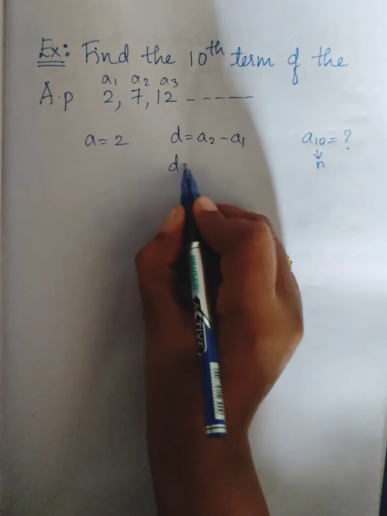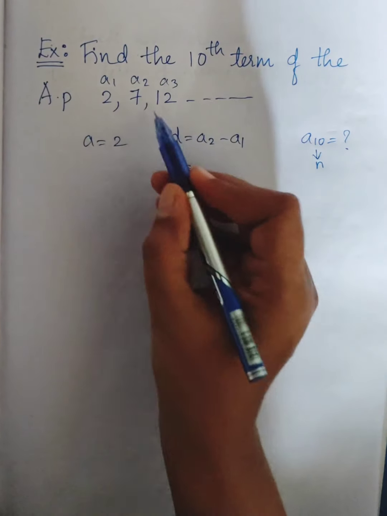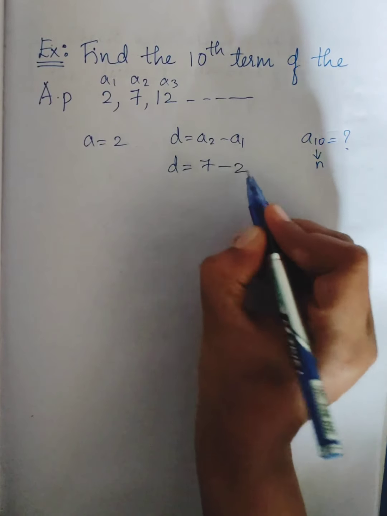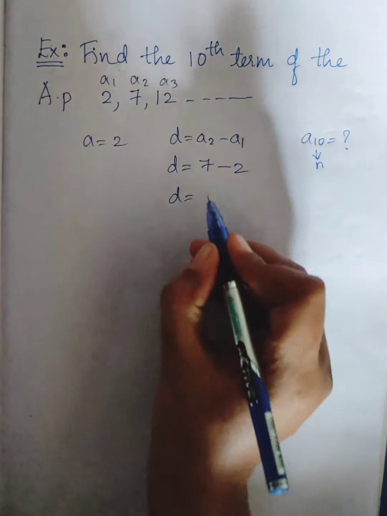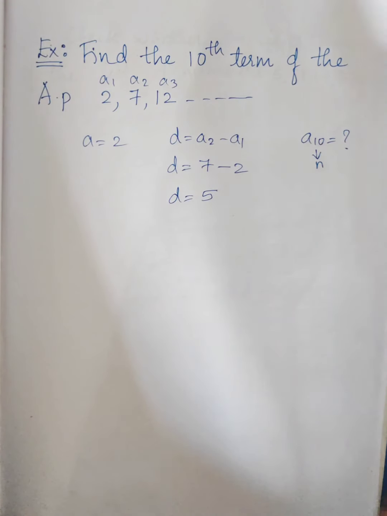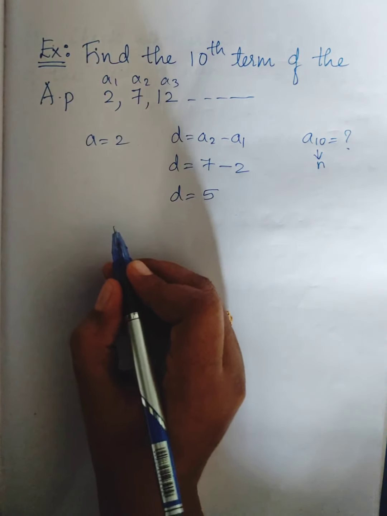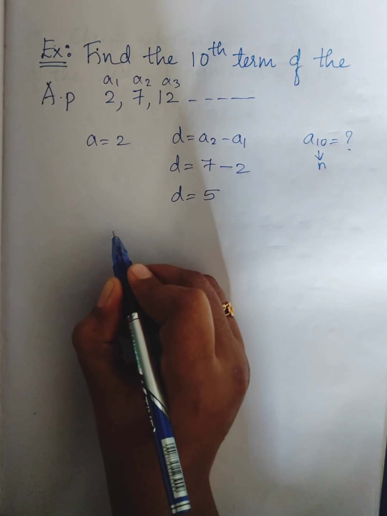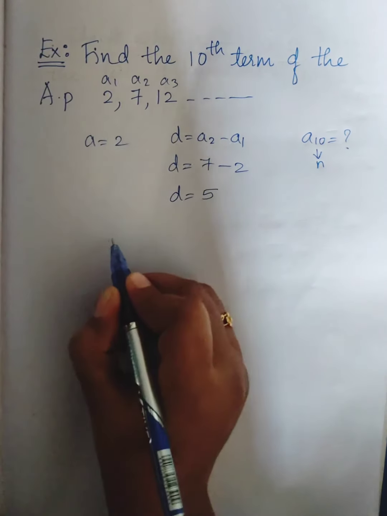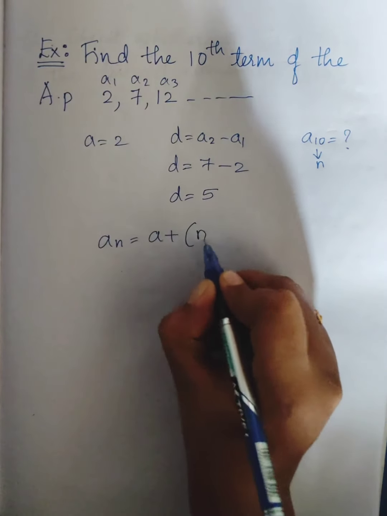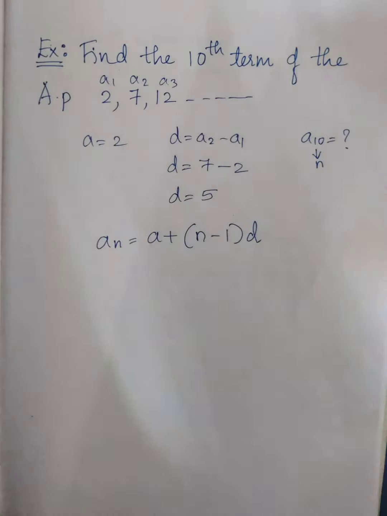Now first let me find the d value, that is the common difference. a2 is 7 minus a1 is 2, so what you are going to get? 7 minus 2 is 5. Next we need to substitute these values in the formula. As I have already discussed, an is equal to a plus n minus 1 into d.